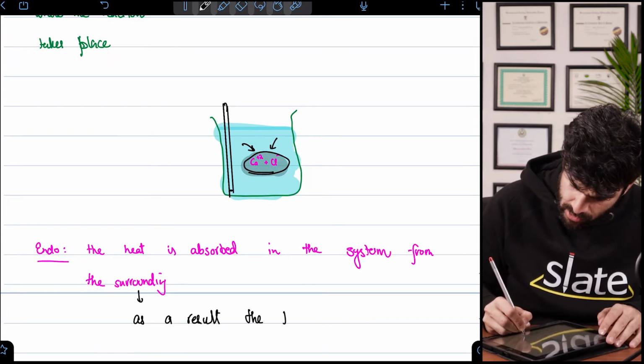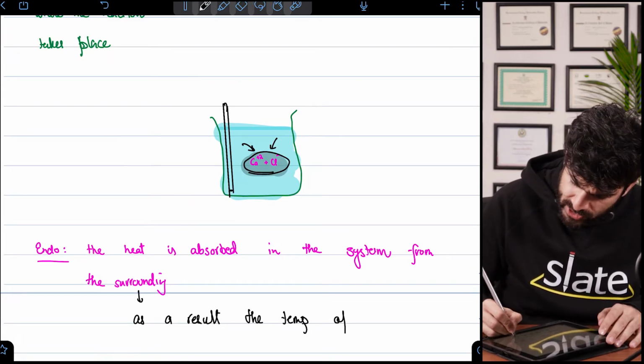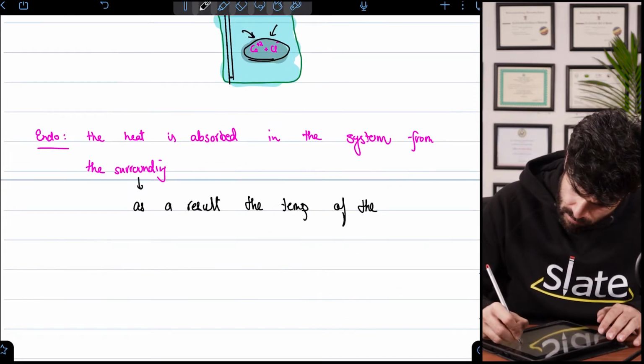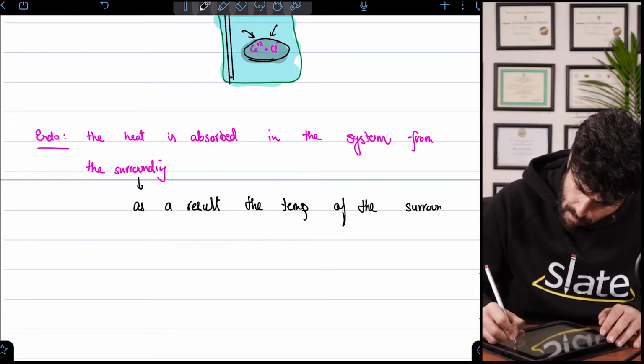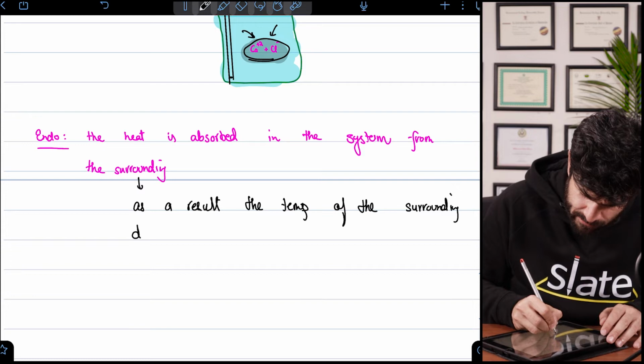the temperature of the surrounding decreases.